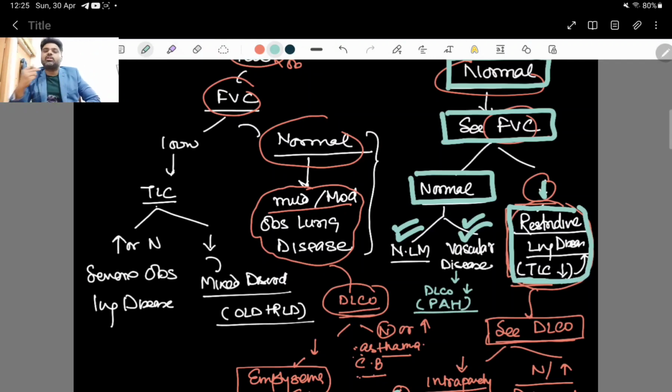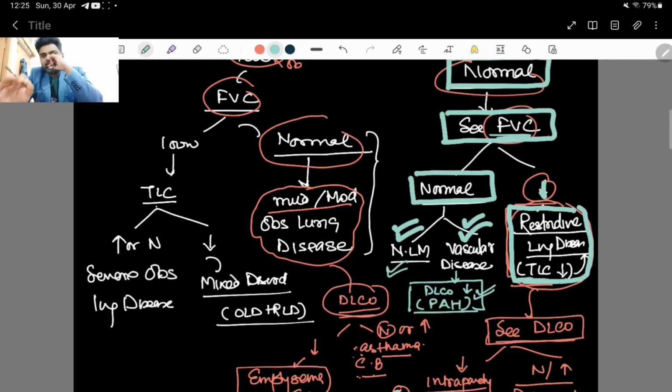Okay, because I've told you there are 4 causes of low DLCO: pulmonary artery hypertension, anemia, intrinsic lung disease, and emphysema. So if you have a normal FVC, it doesn't mean that this patient has normal lung mechanics. If the patient has symptoms and you have a low DLCO, then a diagnosis of pulmonary artery hypertension is made.